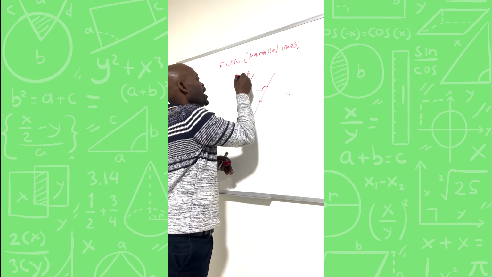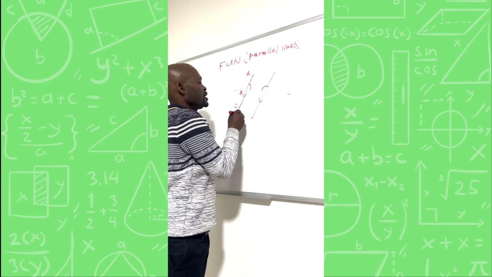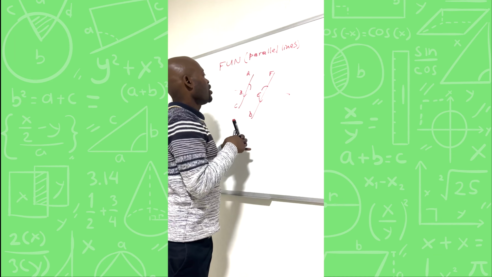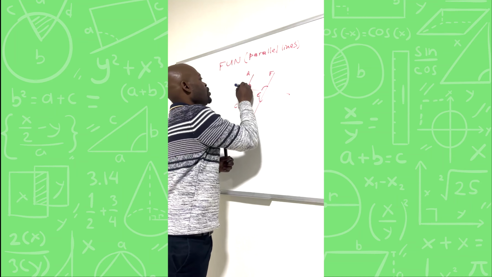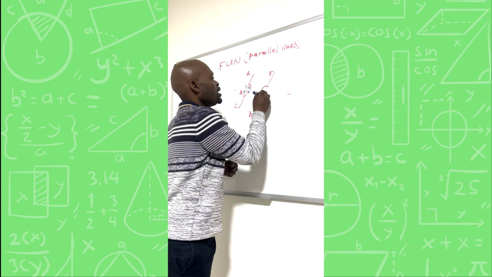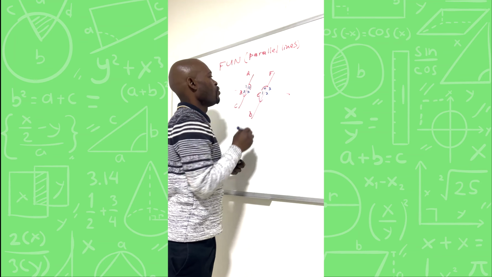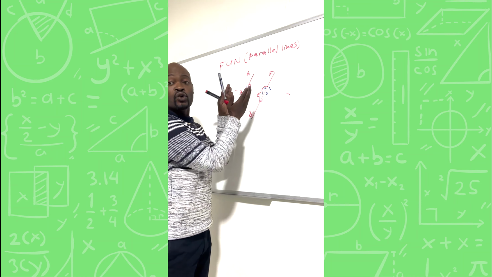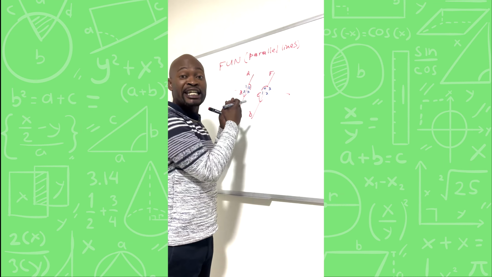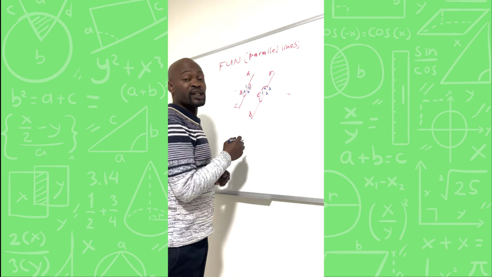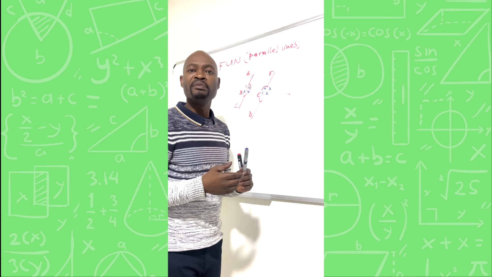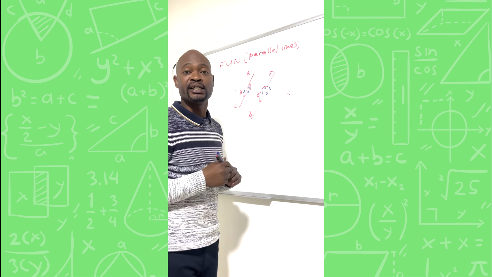Therefore, if I've got A there, B, C, D, E, and F, and if I have B1, B2, B3, B4, and E1, E2, E3, E4. Now, with the U shape, we have co-interior angles which are supplementary. By supplementary, we mean that they add up to 180 degrees.